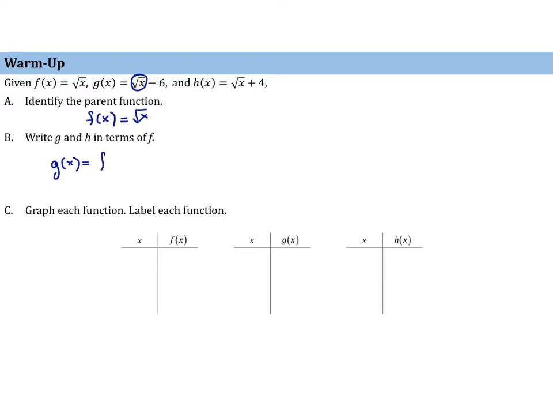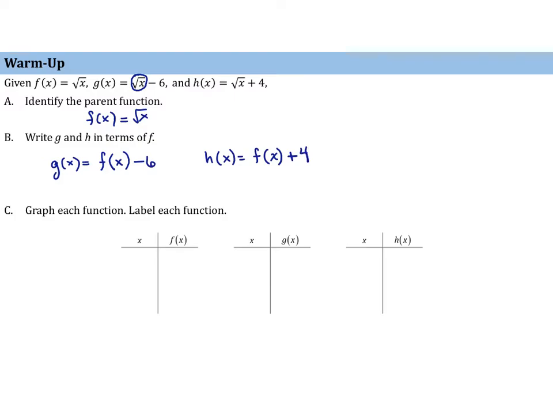So we have the same input as we did with f. So we apply f to x, and then we subtract 6. Likewise, h of x equals an application of the square root function, and then add 4 after we apply the square root.